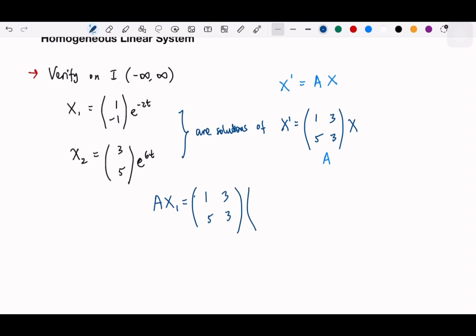This will be e to the negative 2t, and this will be e to the negative 2t. We just multiply as usual, and this will be 1 minus 3, right? 1 minus 3 is minus 2.